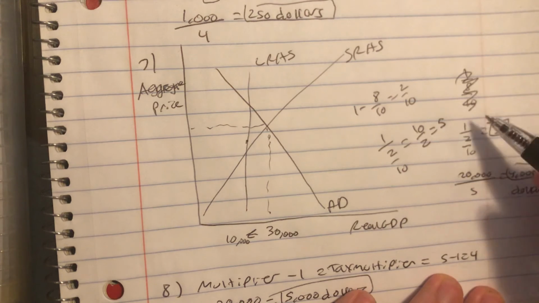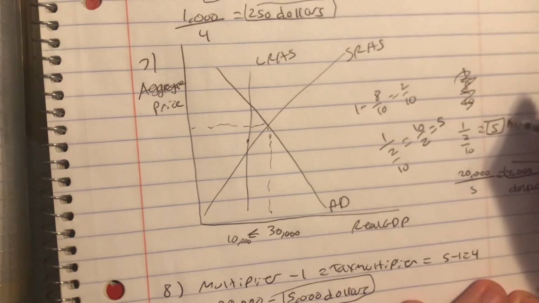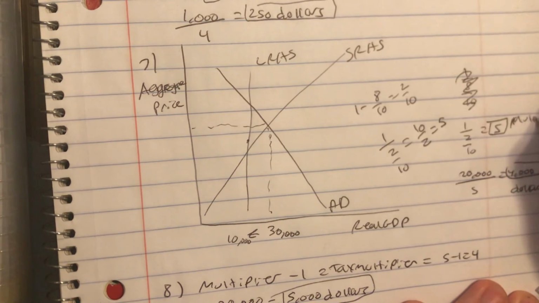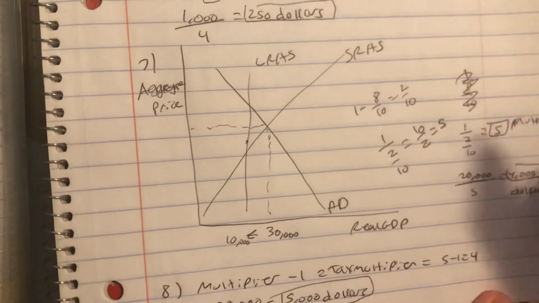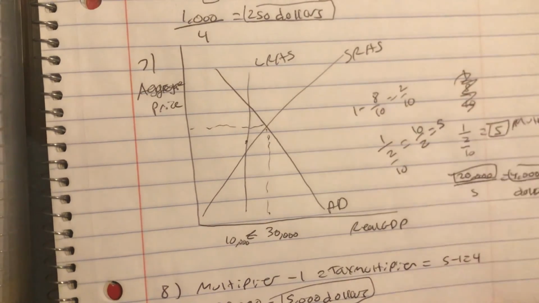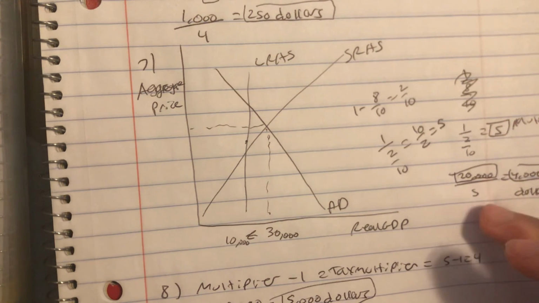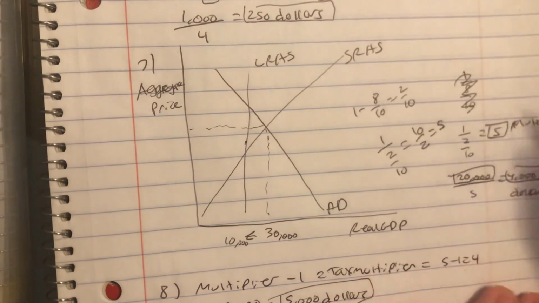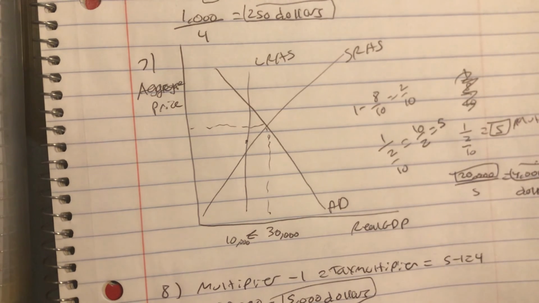So we take the gap that we need, 20,000, and divide that by our multiplier, which is 5. That means we have to cut spending by just $4,000 to make up that $20,000 gap.